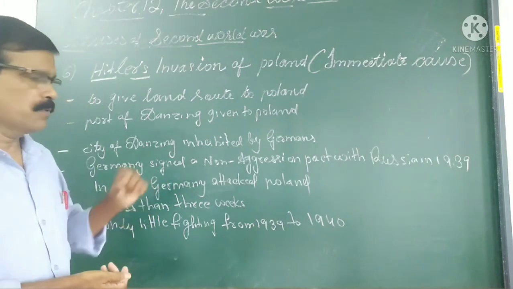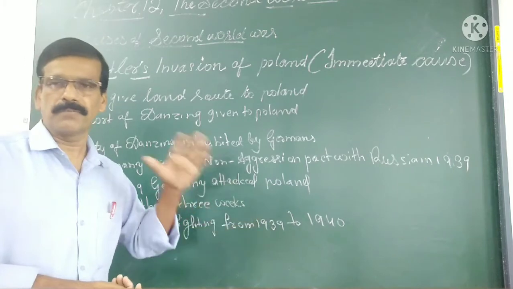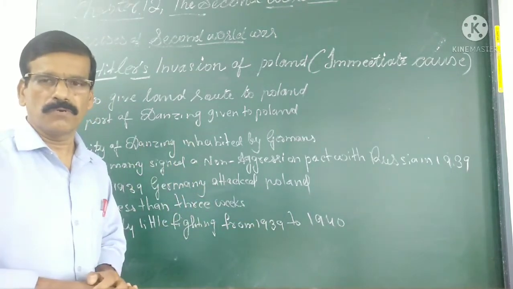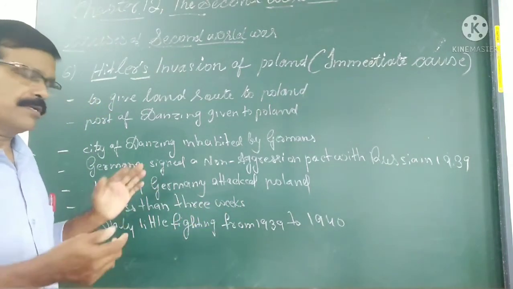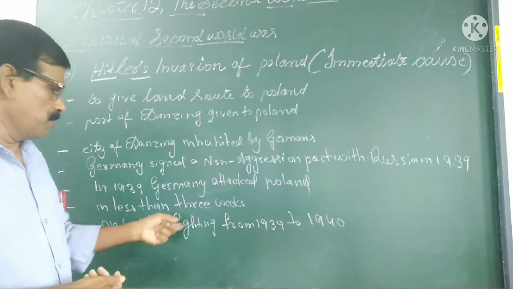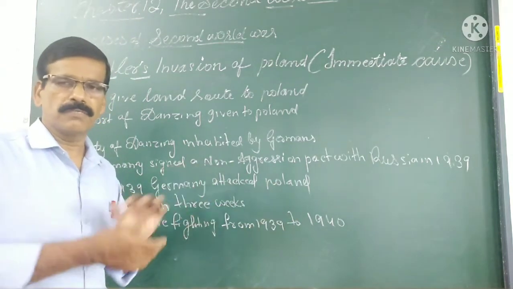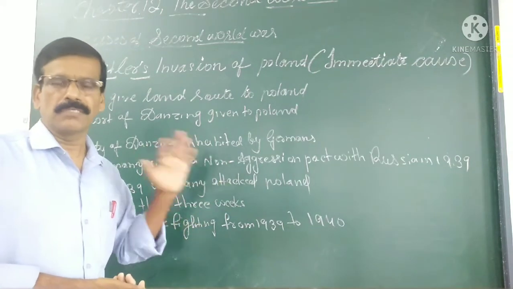When Germany attacked Poland, Britain and France gave an ultimatum to Germany, but Germany suddenly attacked these two countries as well, and this war continued from 1939 to 1940. But during this time, there was only little fighting among these countries.